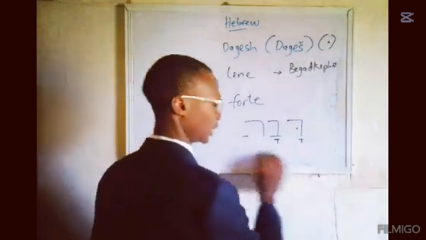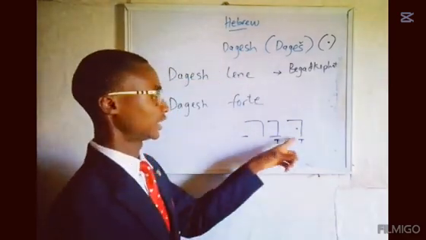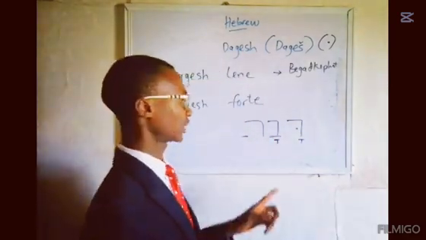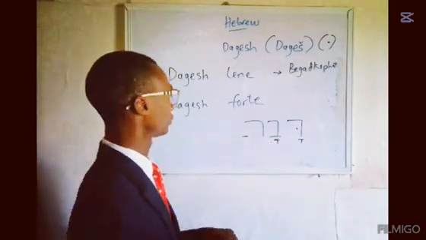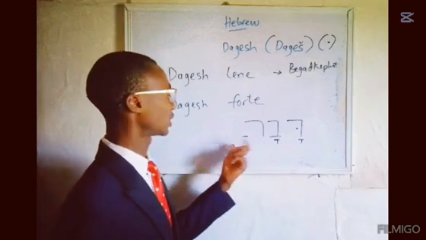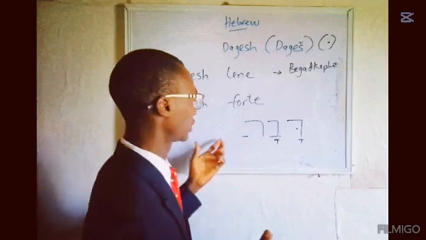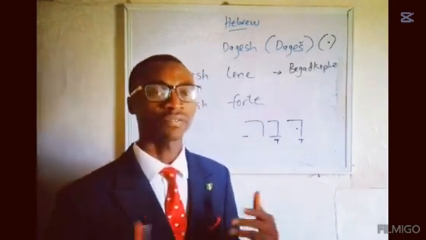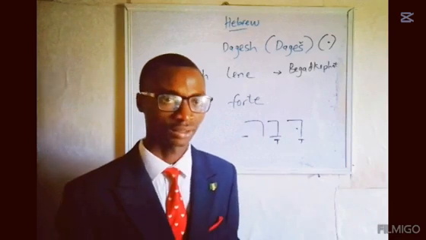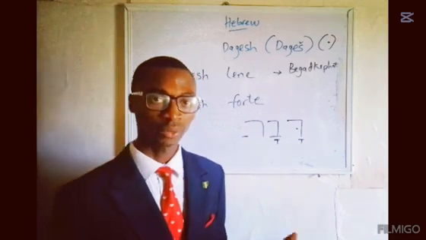When we talk about the Dagesh Lene, it hardens the sound, and when it's not there, it softens the sound. However, whether it is dabar or davar, the sound doesn't affect the meaning. It means a word.